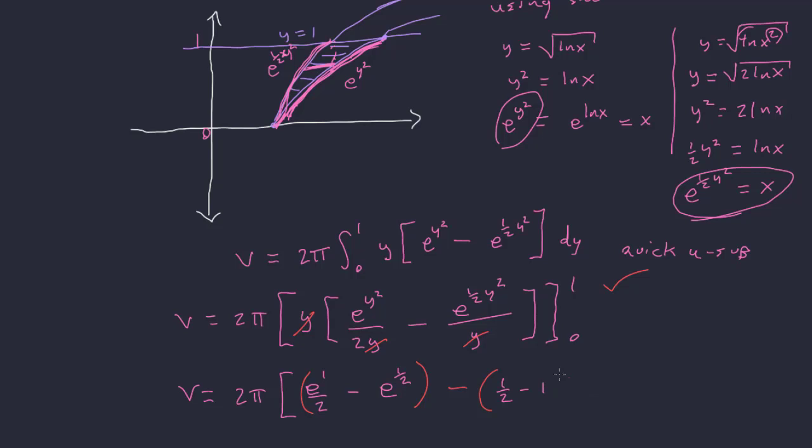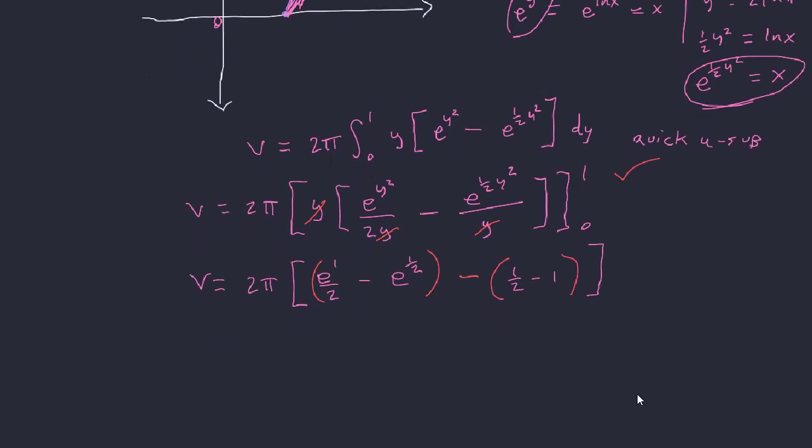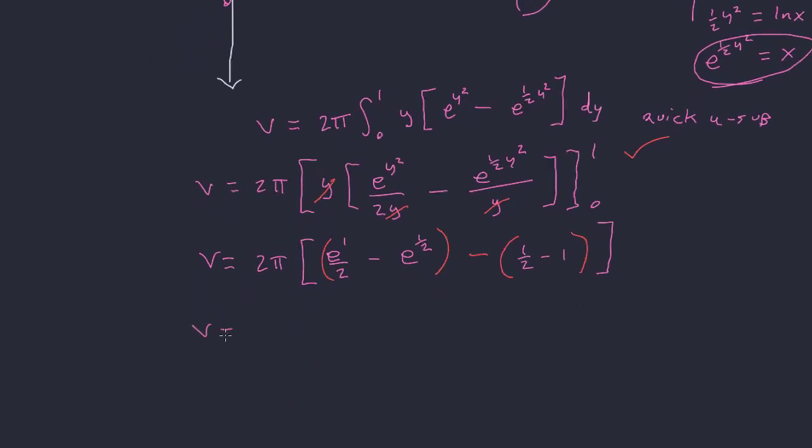So with e and cosine and various things, when you plug in 0, it doesn't just go away. Okay, so we'll get 2 pi times e halves minus e to the 1/2, which is odd. This will be a -1/2, so it'll be plus 1/2.